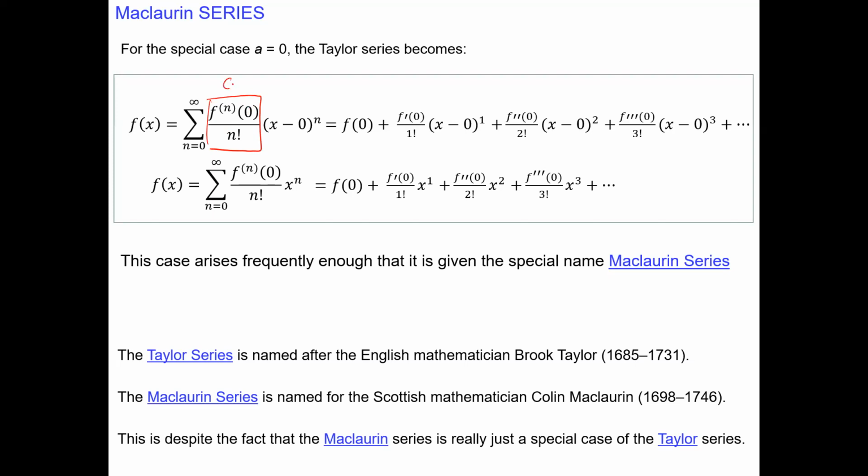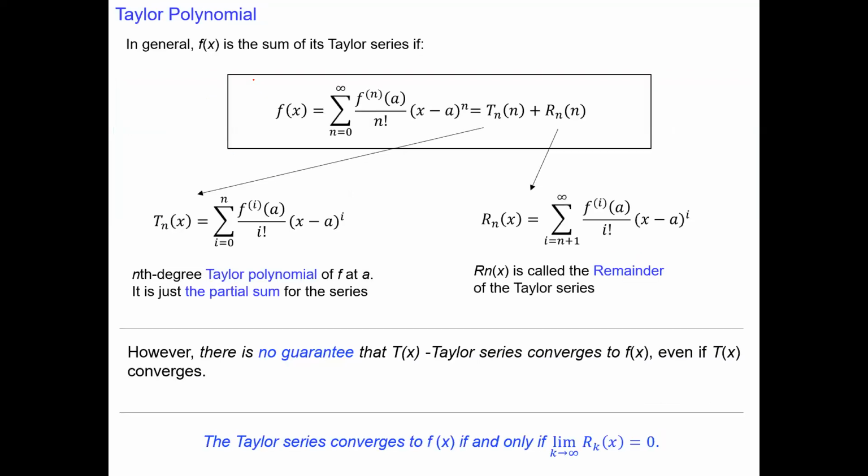That's the coefficient c sub n defined this way. Let me just show you this slide, and I will stop, because the other session will talk about more details. In general, a function is the sum of a Taylor series if it equals this formula that we just learned.